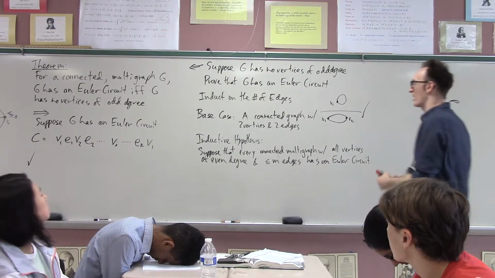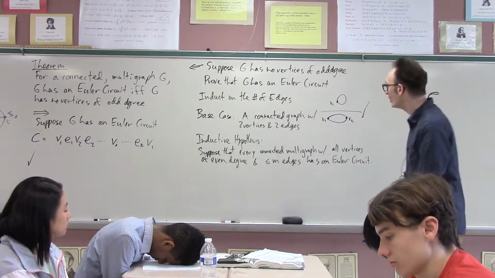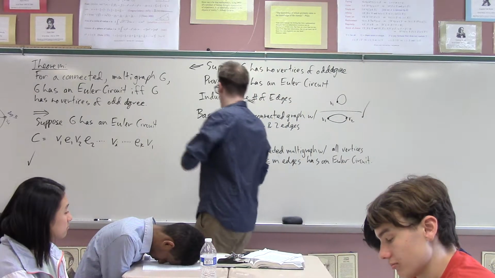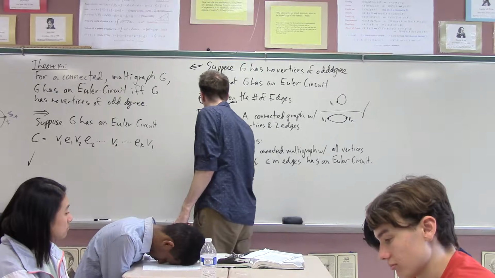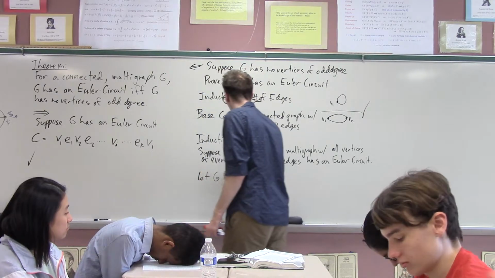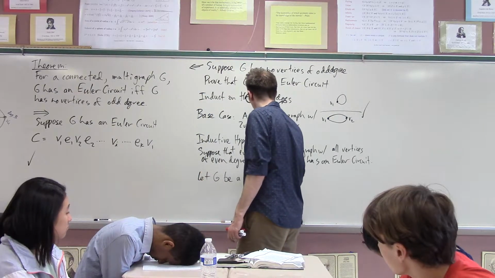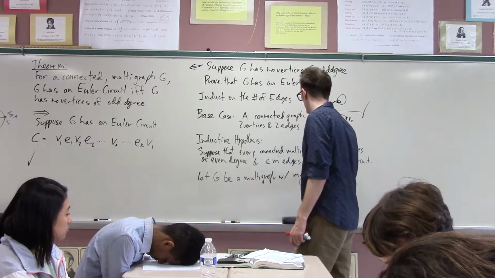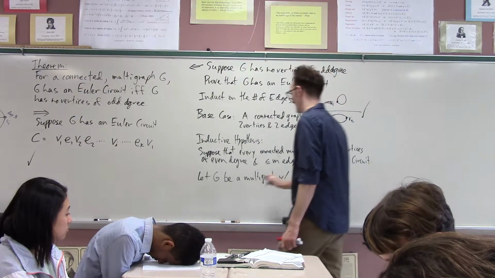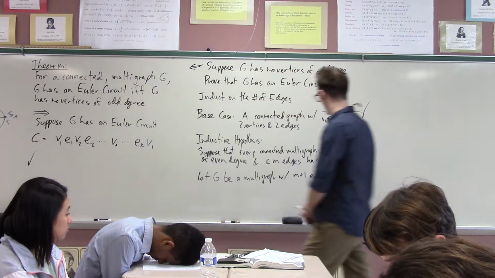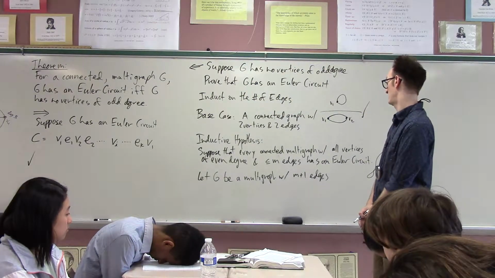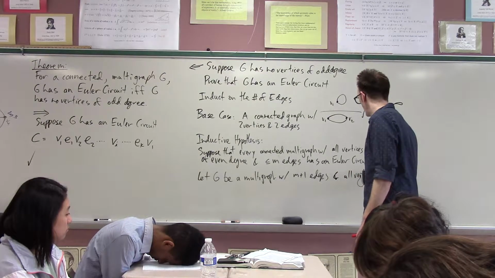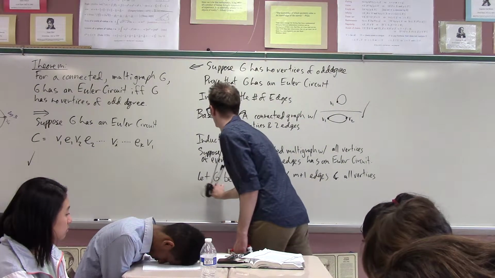Okay, let's keep going. Suppose that every connected multigraph with all vertices of even degree and less than or equal to m edges has an Euler circuit. So what we want to do is let G be a multigraph with m plus 1 edges and all vertices of even degree.